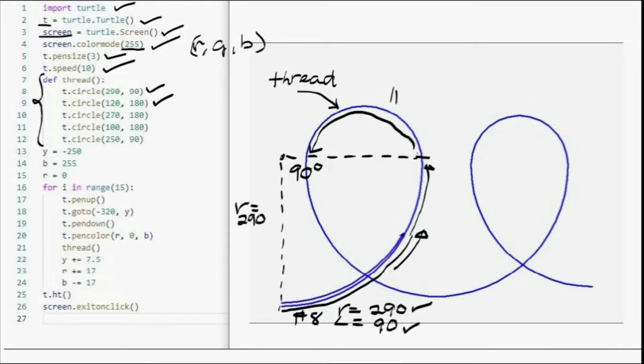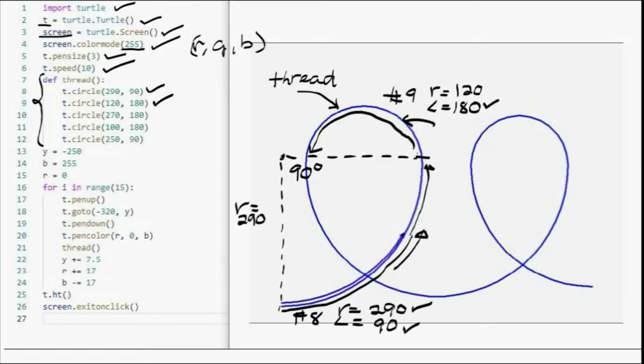So from line number 9 here, our radius is 120. This is a smaller circle, and then our angle is 180 degrees. Look, this arc here is generated as a half circle, and the half circle corresponds to central angle 180 degrees.